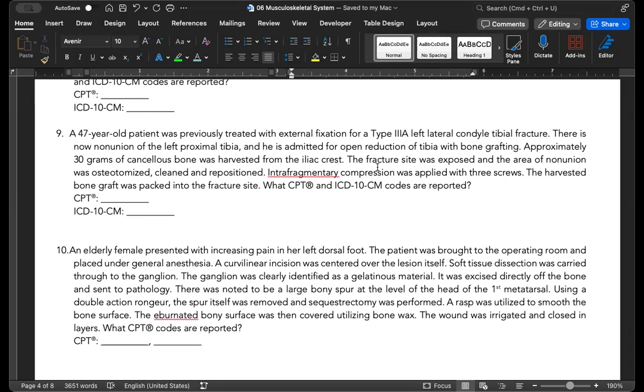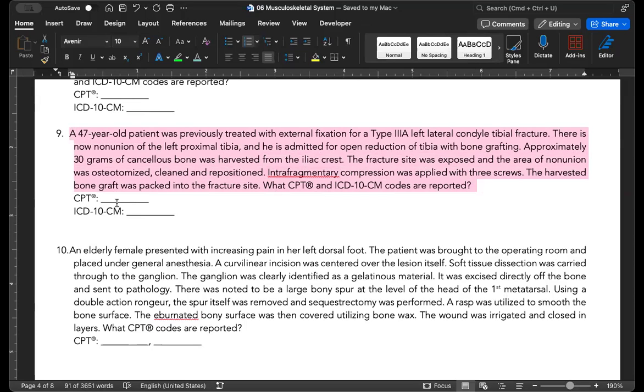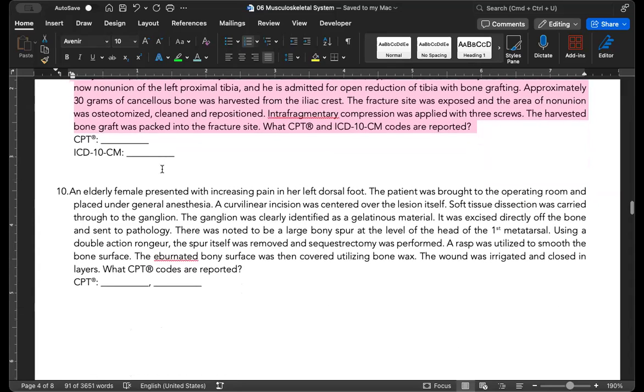I have seen the practice exams that have fill in the blanks in them. The way they do it is on the right hand side of the screen you'll see your scenario. On the left hand side, it's going to say what CPT code or codes would be applicable, and then it's going to have a blank for each code that should be there. So if you have 2 CPT codes, then you might have 2 blanks, right?